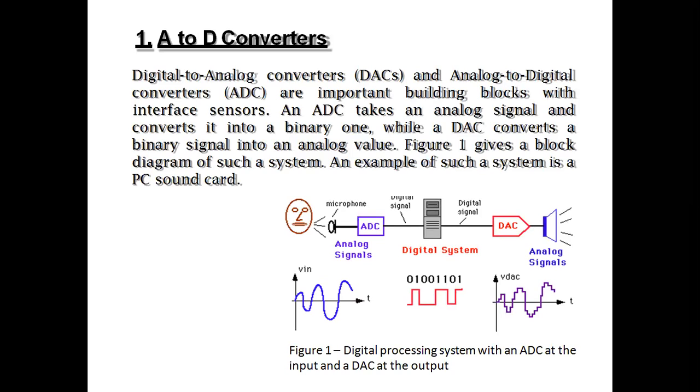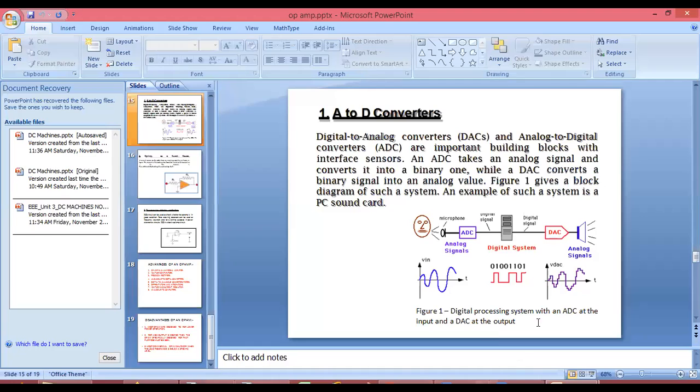When we are using a DAC or ADC, that means a digital to analog converter or an analog to digital converter, these are the building blocks that interface with the sensor. If we are using the ADC, it takes the analog signal and converts it into digital, that is, binary. While the DAC converts binary to analog. Here we can see the block diagram of a digital processing system with the ADC at the input and the DAC at the output.